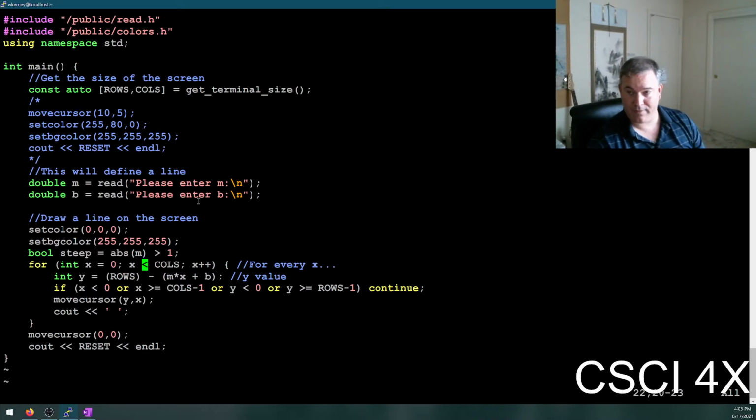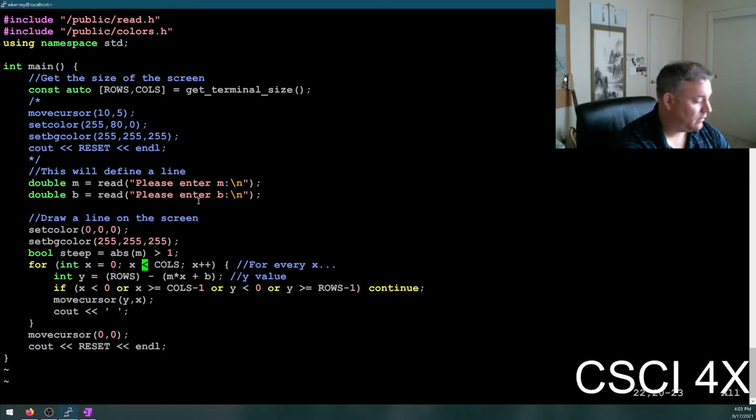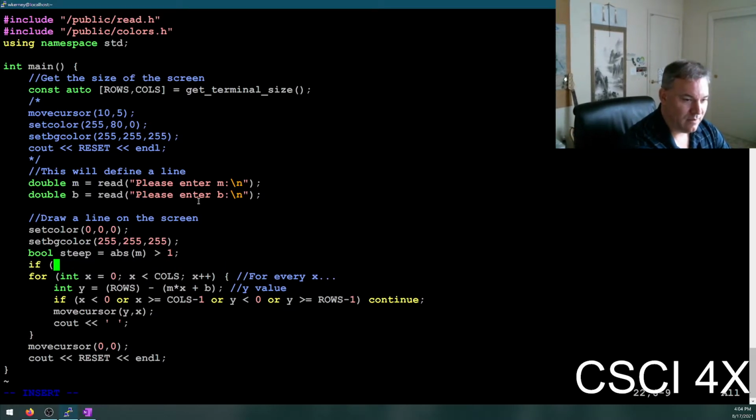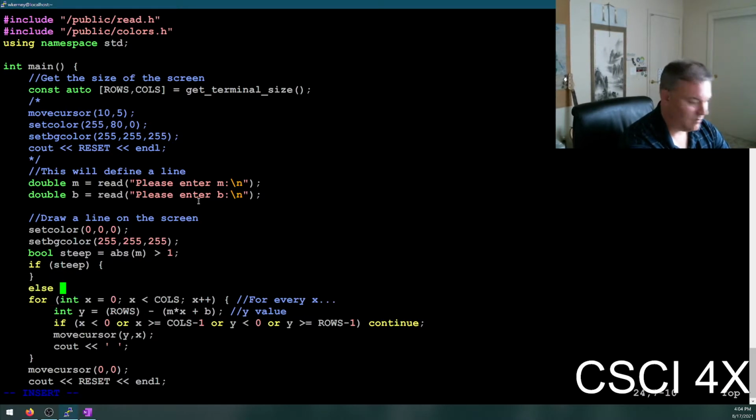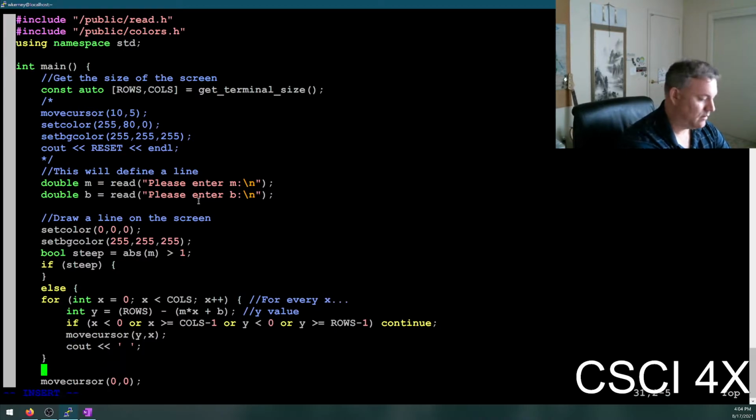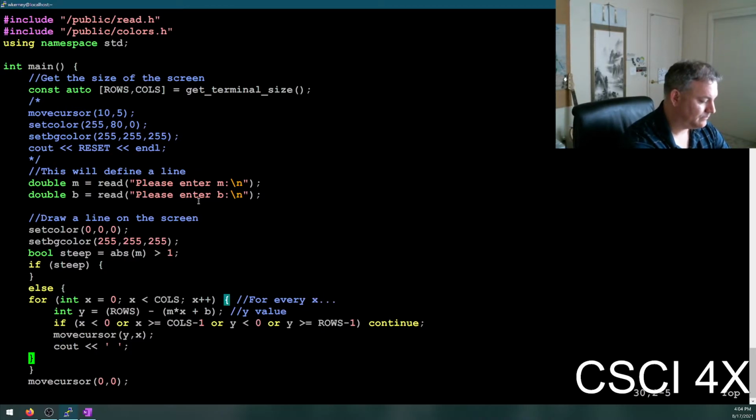If it's steep, that means we need more pixels per column. A very clever solution is, if it's really vertical, rather than drawing on every x, we draw on every y instead. So if it is a steep line, we do one thing. If it's not steep, we do our other thing.